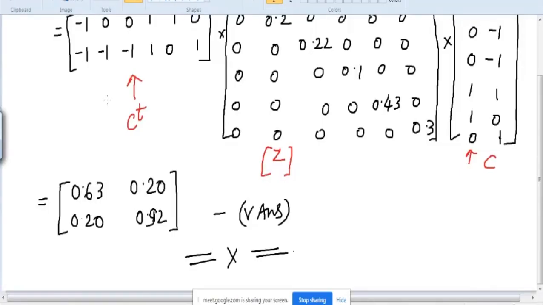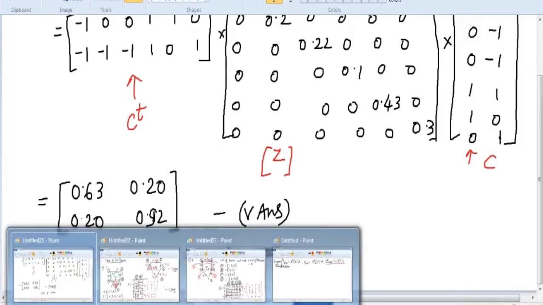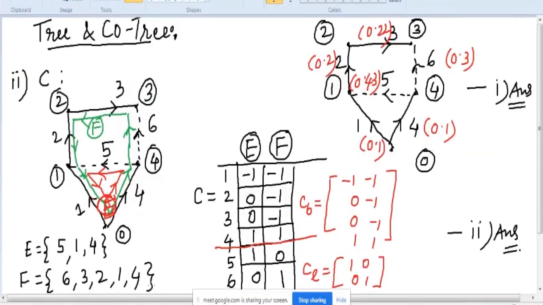Let us go back and first check the A matrix. Whether we have worked out the A matrix here, can anyone reply? If we have worked out the A matrix, then it will be easy for us to calculate the Y bus.